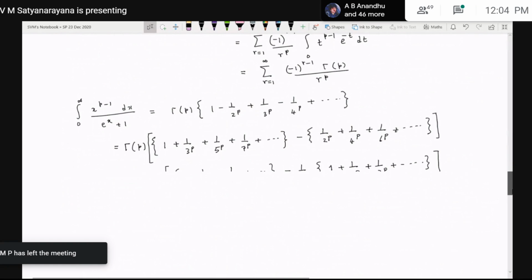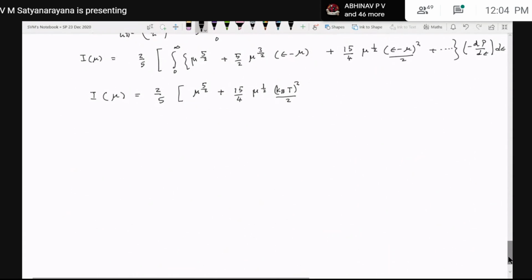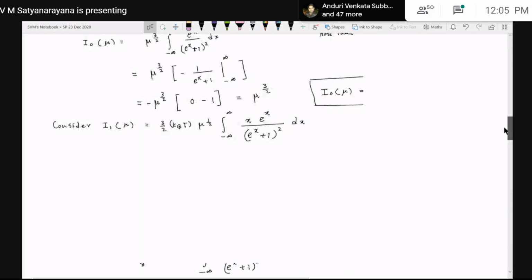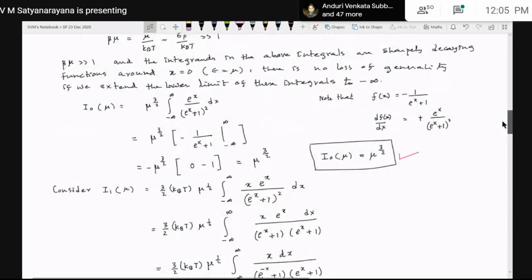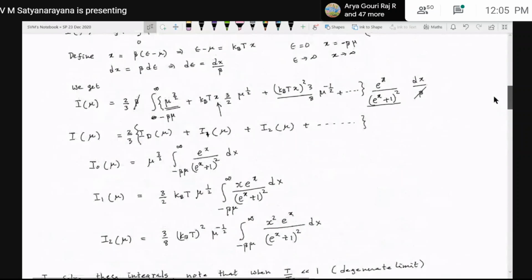And so I will have a 4 into pi square by 12. So that is my result. Now remember this. Why this 4? This 4 is because there are some two factors that I have used here.